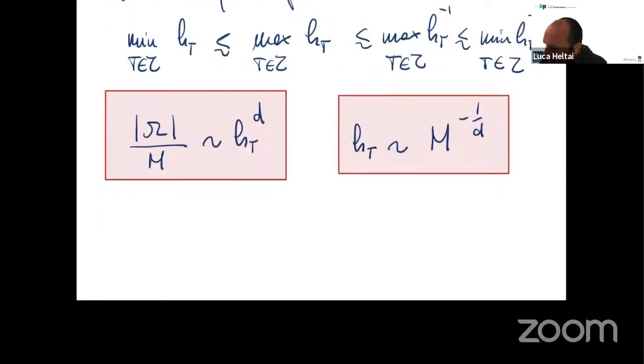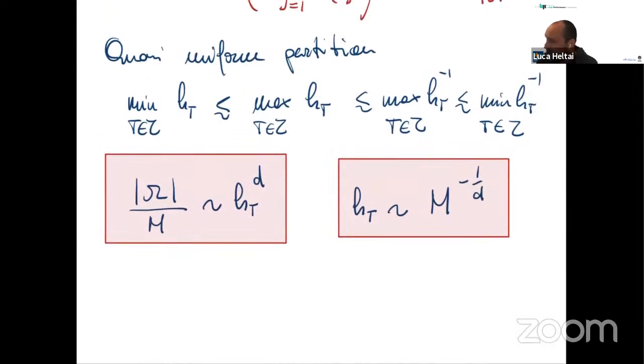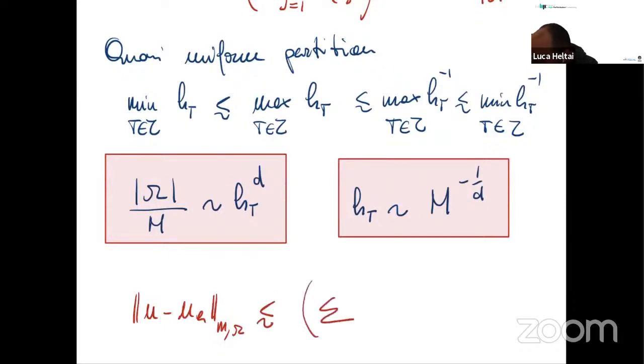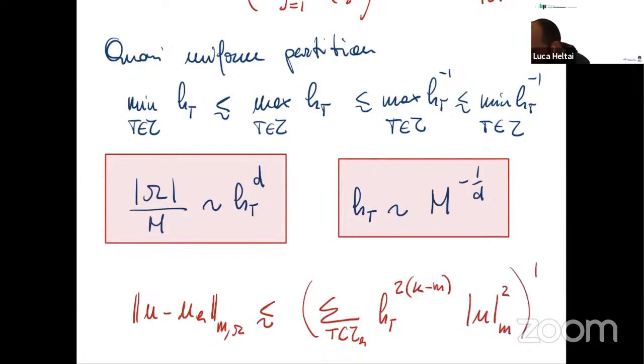And now, if you look at the error estimation that we know with respect to HT for quasi-uniform partitions, what we know is that the norm of U minus UH, in the M norm on omega, is controlled by the sum on all elements of the triangulation of HT to the power twice K minus M, and then the norm U M, all square to the power 1/2.